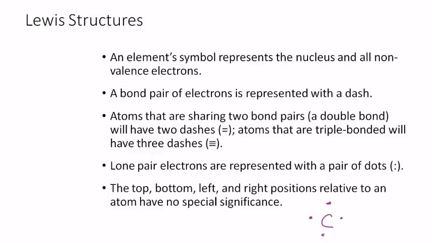To show this concept, I want to bring in carbon and hydrogen. Carbon is great at being able to bond different ways. So I want to show you what carbon does with hydrogen. So this would be C2H6. And this is a Lewis structure.